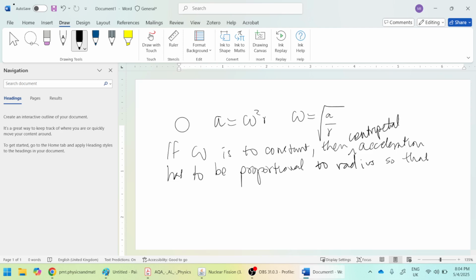Centripetal acceleration has to be proportional to radius so that a divided by r is constant.